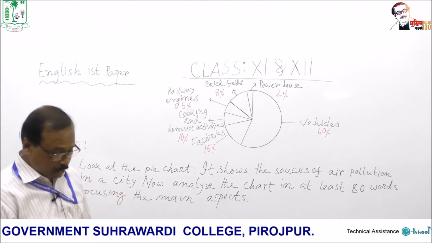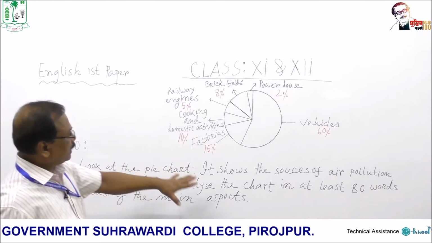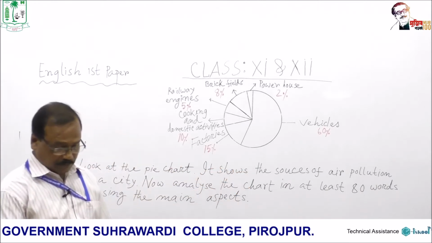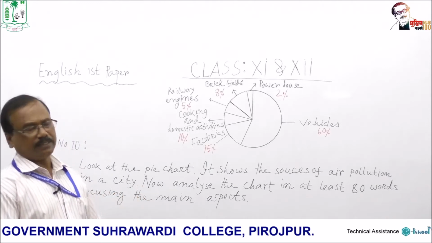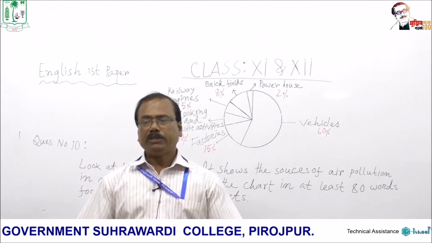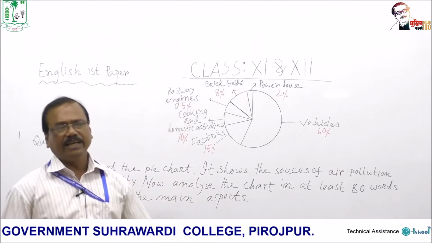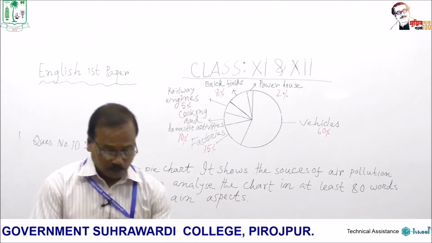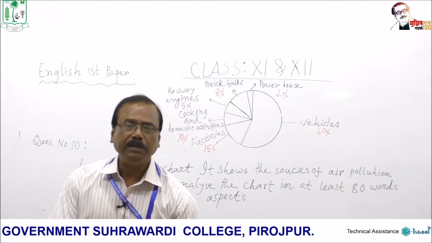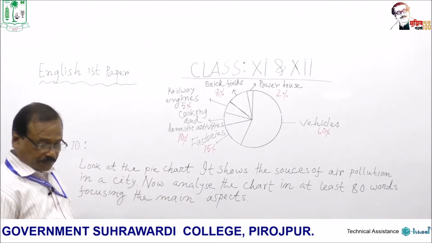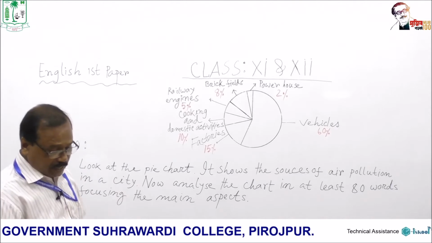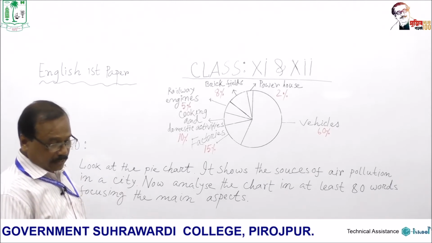Then in the chart, we notice, then you will write, in the chart we notice, we see, we find. You can use so many other similar words. In the chart, we notice 6 kinds of sources of air pollution.